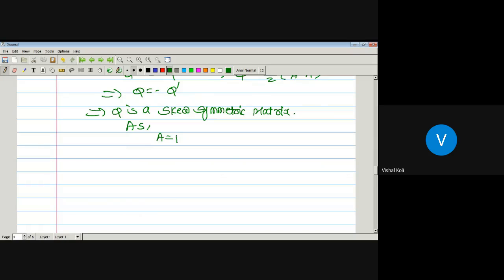So A equals P plus Q, where P is a symmetric matrix and Q is a skew symmetric matrix, and A is any square matrix. So here we have chosen A as an arbitrary matrix, and it can be expressed as a sum of symmetric and skew symmetric matrix.